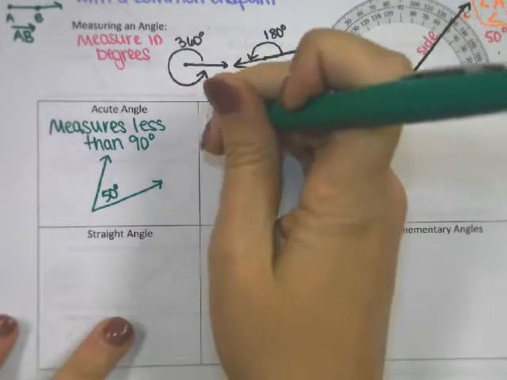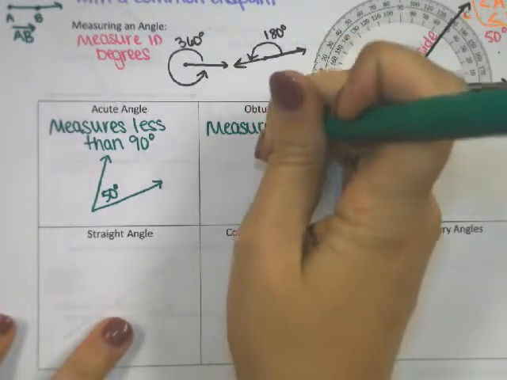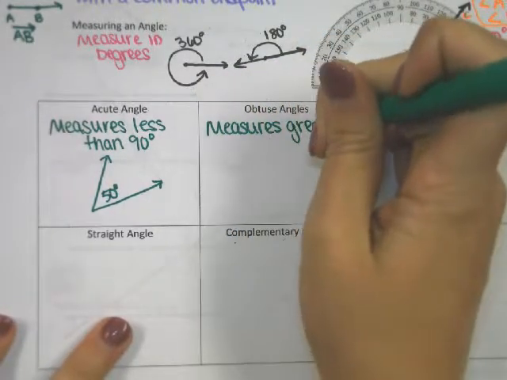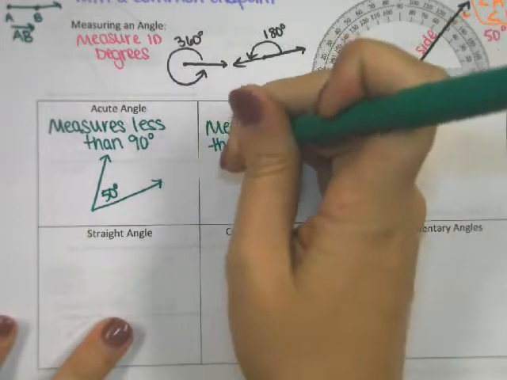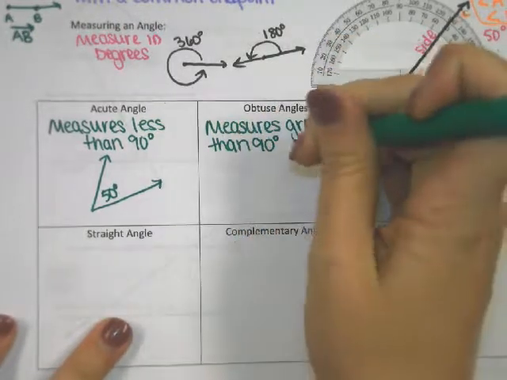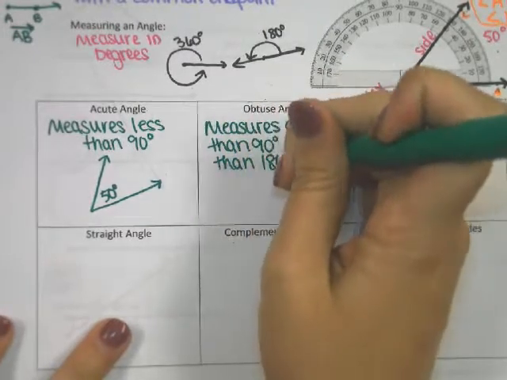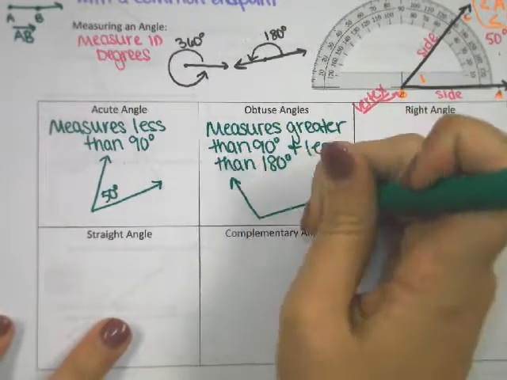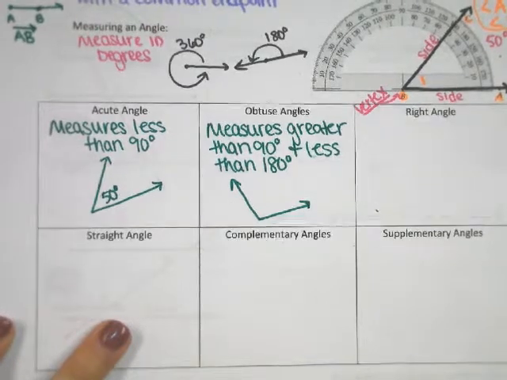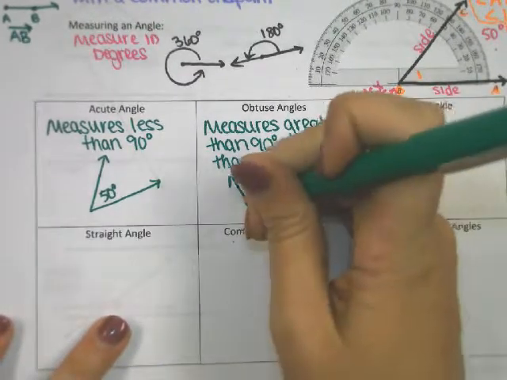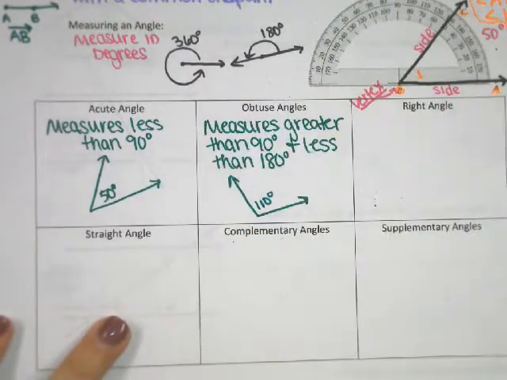An obtuse angle measures greater than 90 and less than 180. So it's going to look something like this. Ooh, that one's barely obtuse, but we'll go with it, and maybe it's 110 degrees.